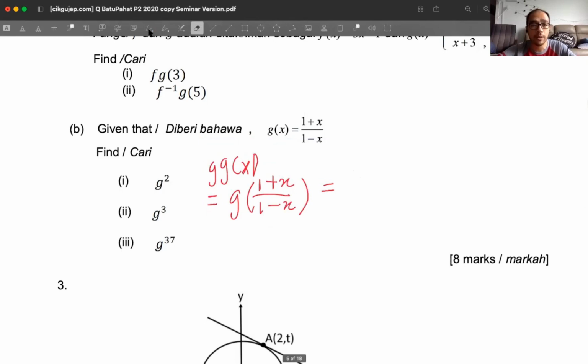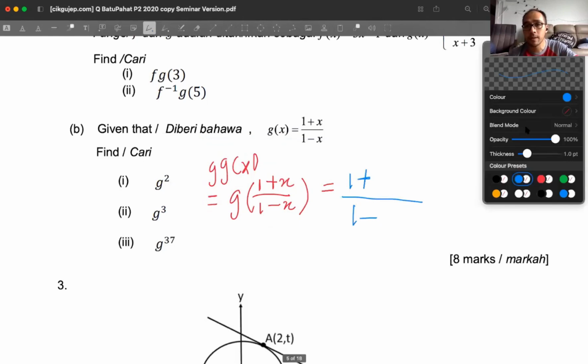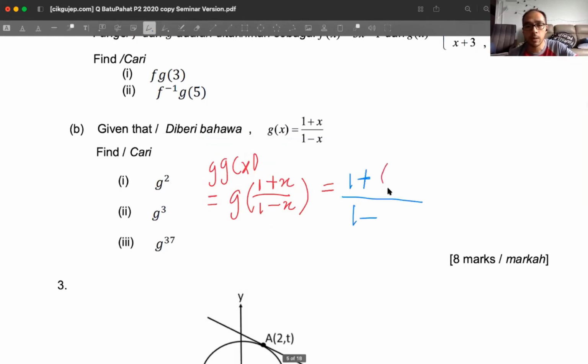So this will be 1 plus, then 1 minus, because I want to substitute the X with the red color one. So I'll get 1 plus X over 1 minus X, and then this will be 1 plus X over 1 minus X.